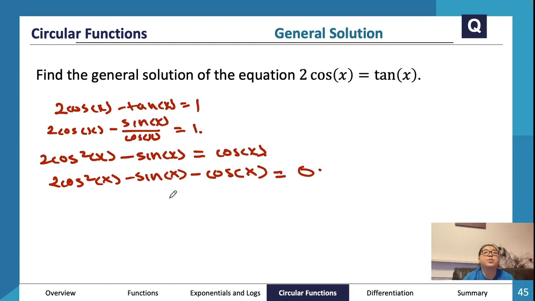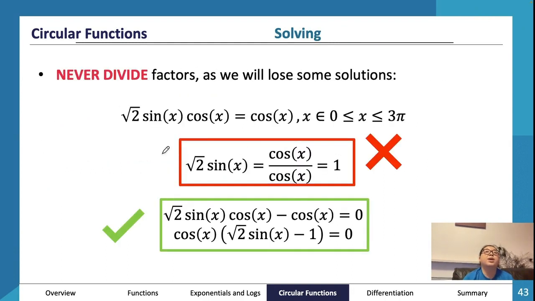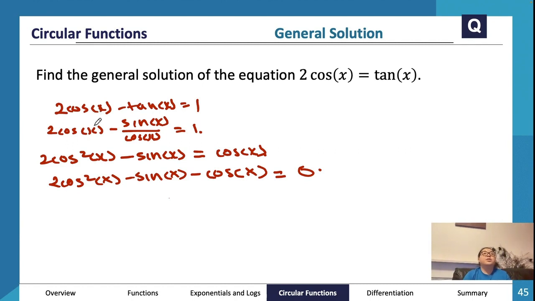Just like for the previous question, when we had our 2 sine squared x times cos x minus our cos x, we're going to try and take out the components that we already have, what we can see is common between the two. So if we move back onto this page, the first thing that we can take out here is our cos x, which is going to revert us back to here. Wait, let me just rub that out.